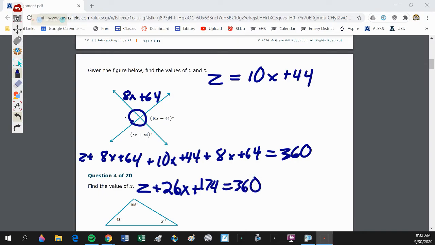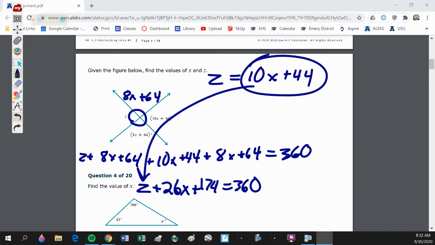Then I have a problem. I have two variables. Oh, okay. So I know that z is this big, so I could plug that in there and solve, and that would work. Okay? But let's not do it that way.